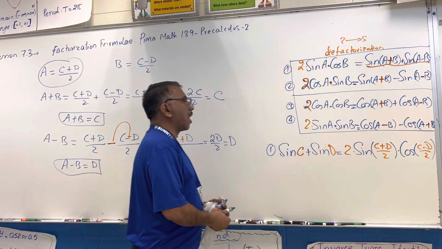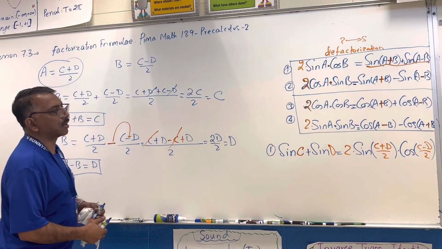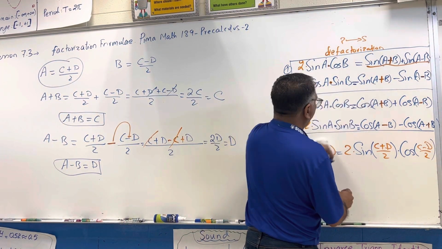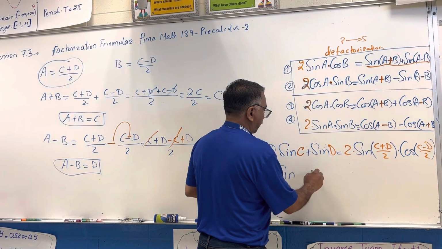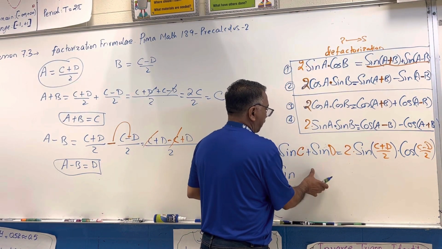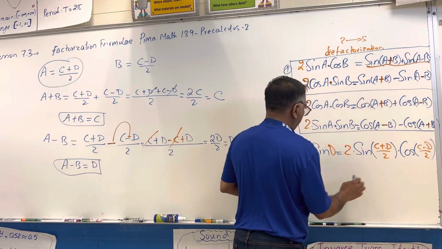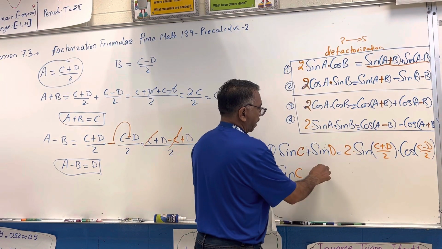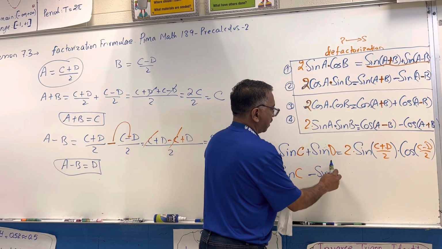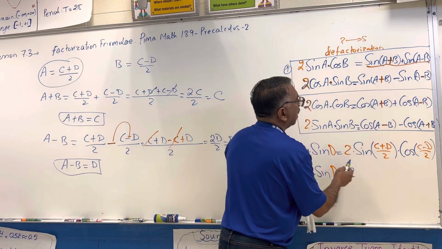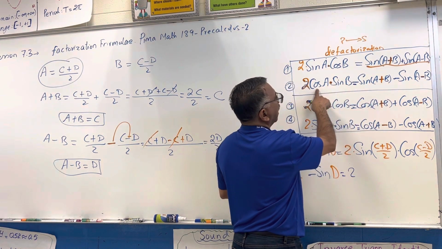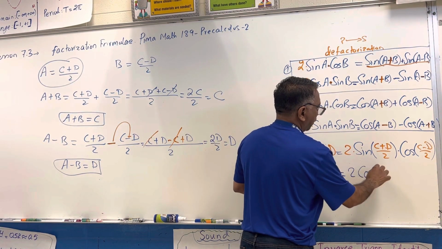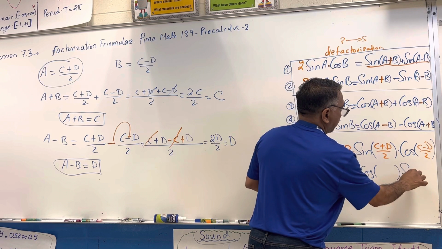So simple. And you do the same thing for the others. The second one, I'll start with sine, and the only change is there's a minus sign. So sine C minus sine D equals 2 cosine of (C plus D) over 2 times sine of (C minus D) over 2.